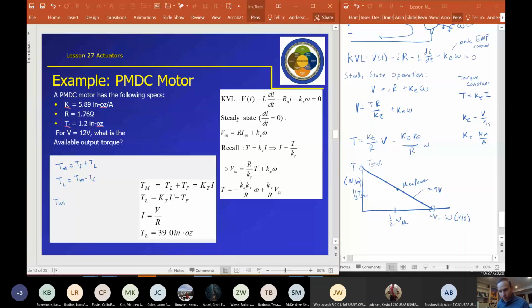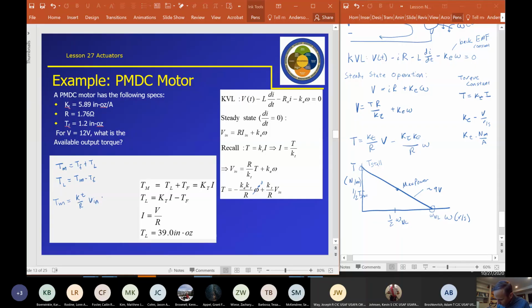Well, we use our motor equation, but we're assuming we're maxing the motor, which would mean that the speed is 0. So we can zero out this term, and so that will just be KT over R times Vin.